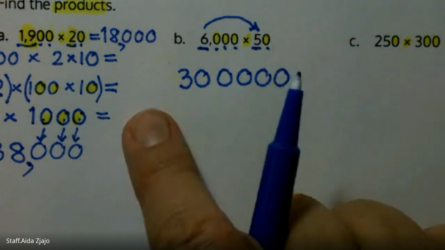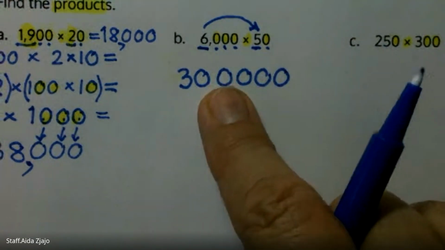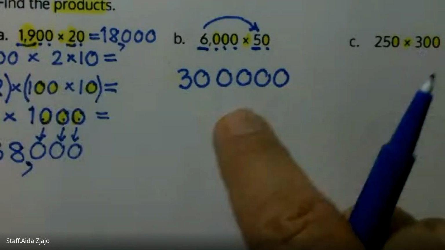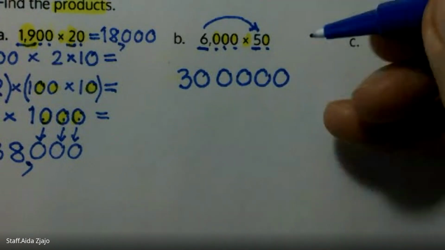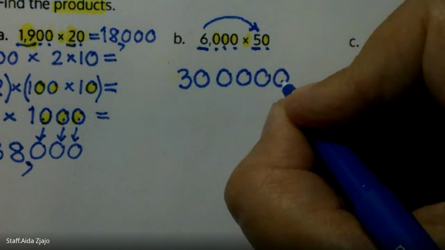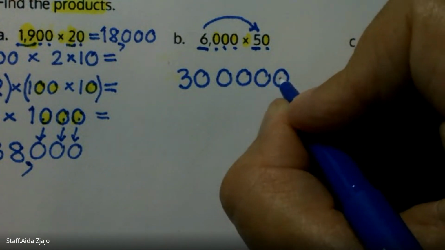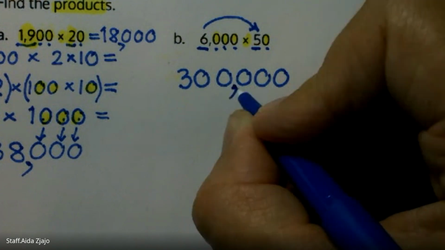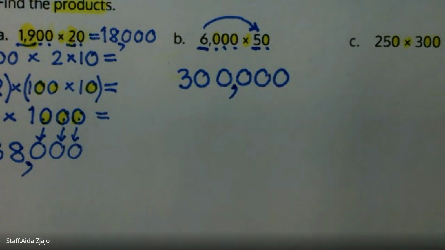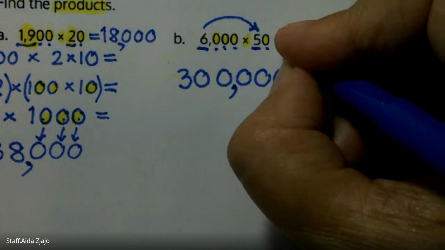When I add those, 6 times 5 is 30 and 4 zeros, then I can go and do the 3 digits each time to make my commas. Once tens, hundreds, comma, once tens, hundreds. So that means 300,000 is my solution.